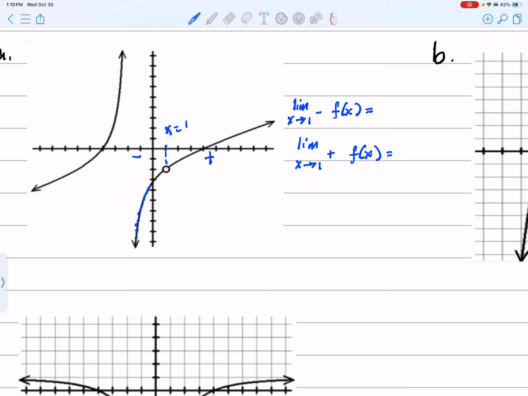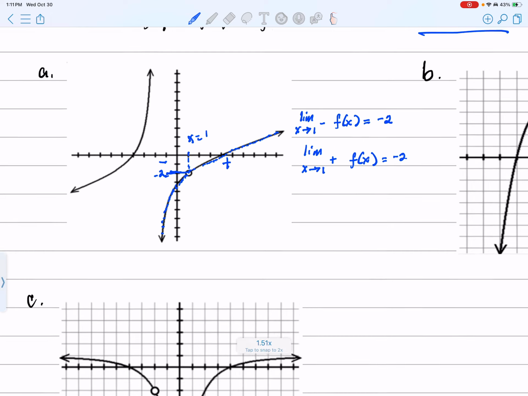As it approaches the hole, the output value is negative 2, right? Approaching closer to the hole, it's at negative 2. From the right side, as the numbers get closer to 1, it approaches negative 2. That means our output value is negative 2. It's just looking at the graph.